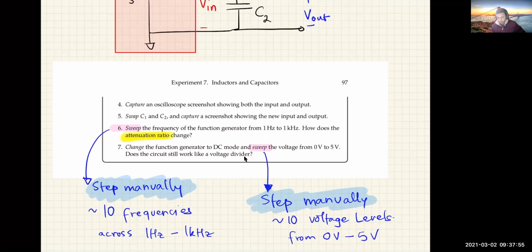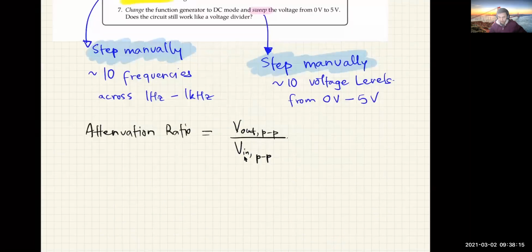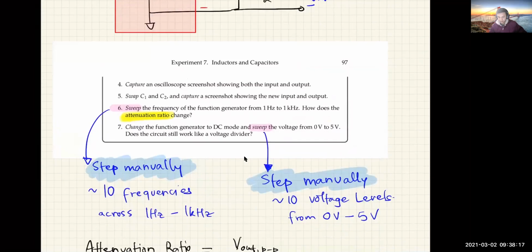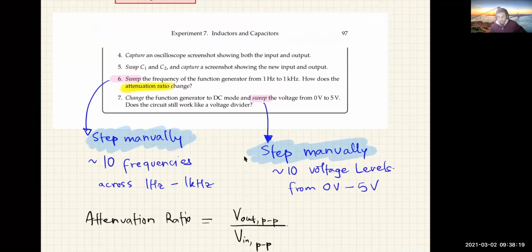Each time you observe the output DC voltage compared to what the input DC voltage is, and look at whether or not this capacitive voltage divider still acts as a voltage divider for DC signals. Okay, so that is all of the tasks for this lab.